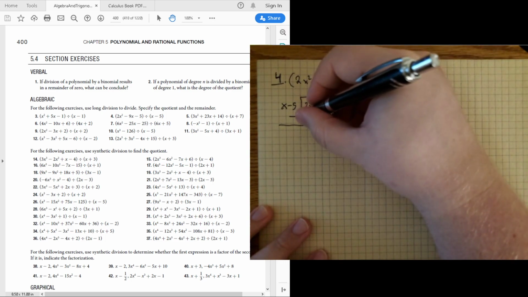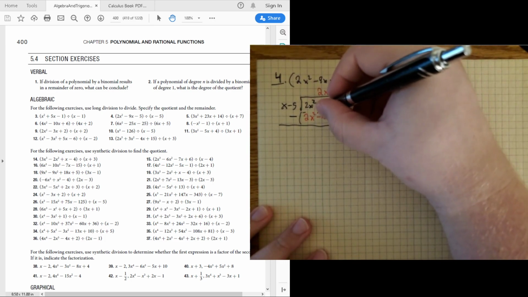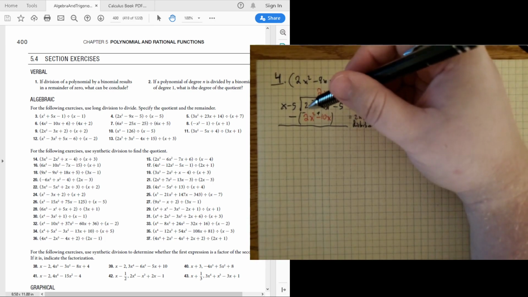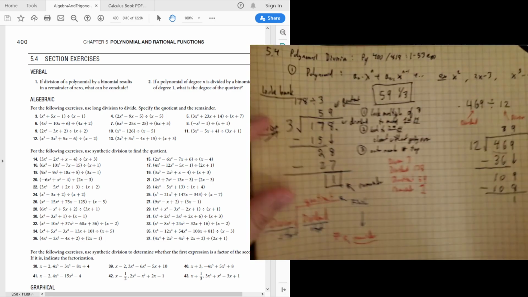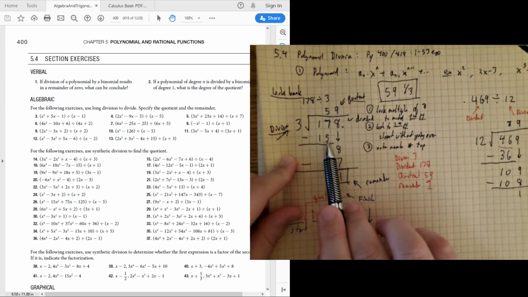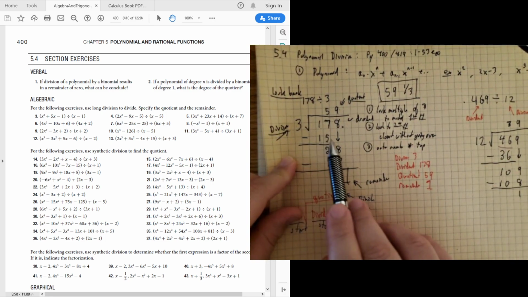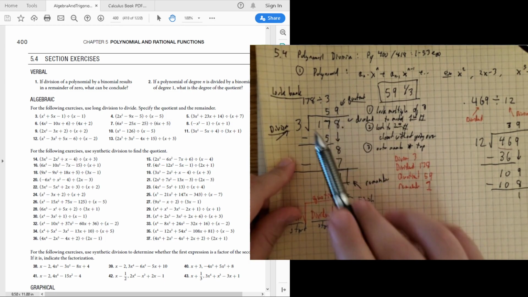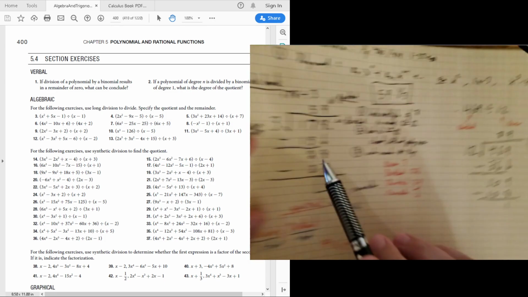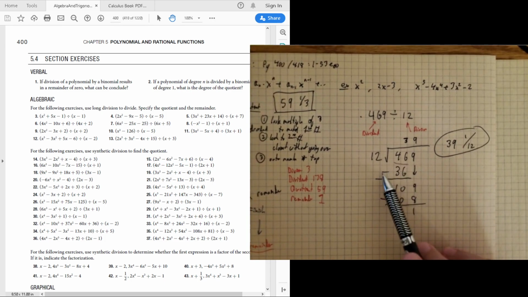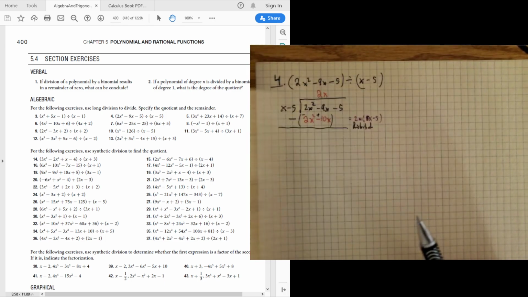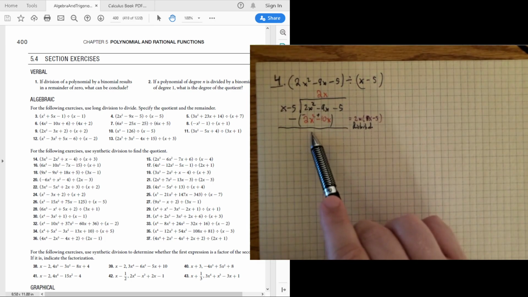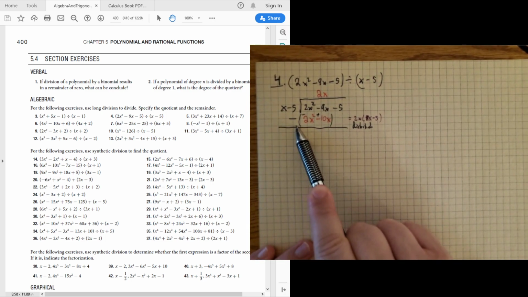This becomes a negative 2x. This becomes positive 10, and then we put them together. Notice it seems weird, but it is no different than we did with numbers, right? 3 times 5 is 15, yet we're subtracting the 15. 3 times 9 is 27, yet we're subtracting the 27. 3 times 12 is 36, but we're subtracting 36. 12 times 9 is 108, but we are subtracting 108. 2 times x is 2x squared, but we are subtracting 2x squared.